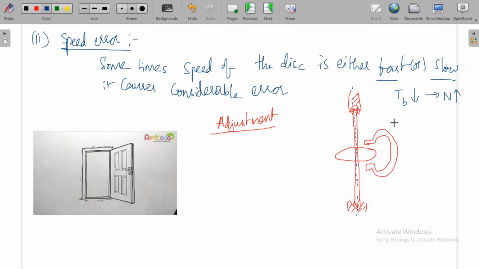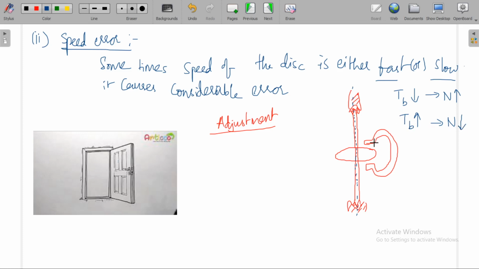If it is moving away from the center of the spindle, braking torque will be increasing and the speed of the disk will be decreasing. If opposing torque is decreasing, the speed of the disk will be increasing. If opposing torque is increasing, the speed of the disk will be decreasing, right?